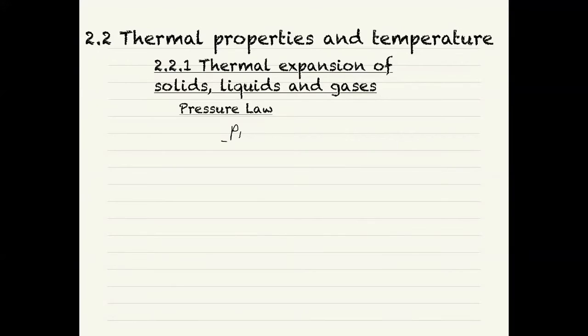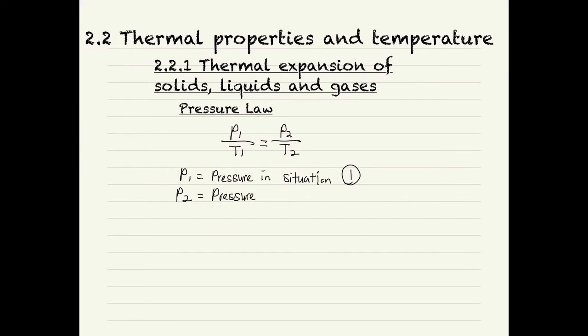Pressure law is P1 over T1 equals P2 over T2. P1 is pressure in situation 1. P2 is pressure in situation 2. Make sure they have the same unit, whether Pascal or Newton per cm squared.